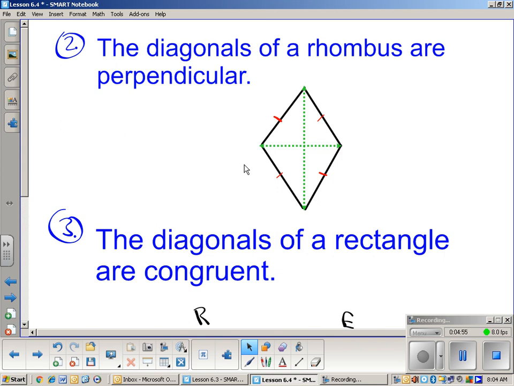So that means this angle right here is 90 degrees. So the diagonals of a rhombus bisect the angles, and the diagonals of a rhombus are perpendicular. Okay? Bless you. So a few things here about rhombuses, I should say rhombi, that are true.